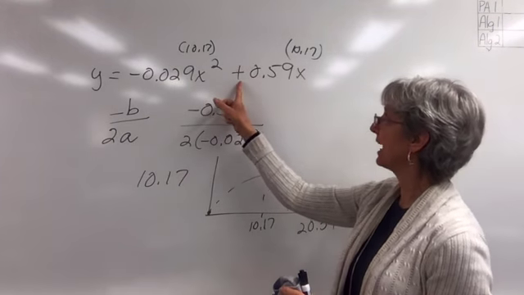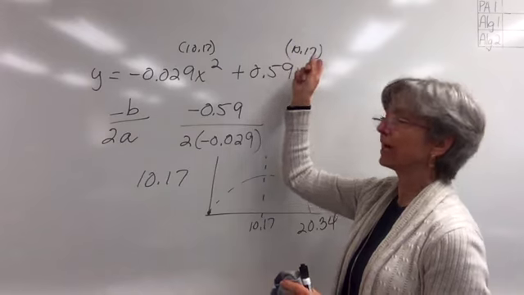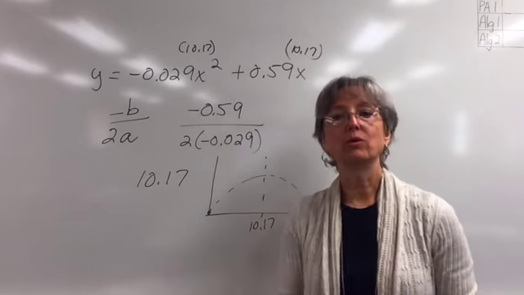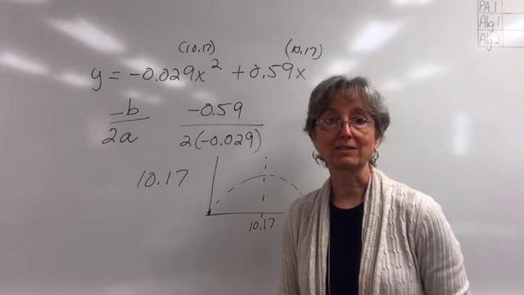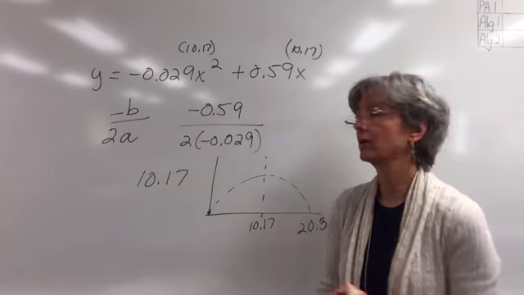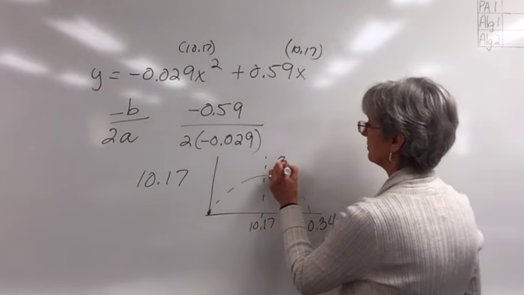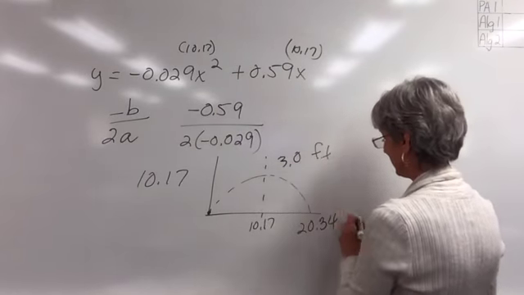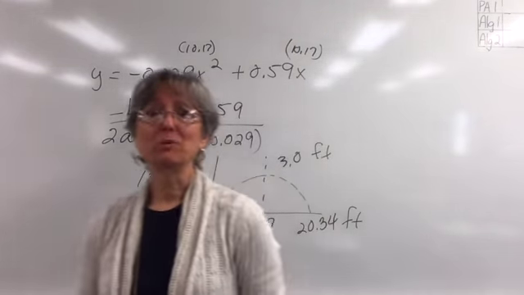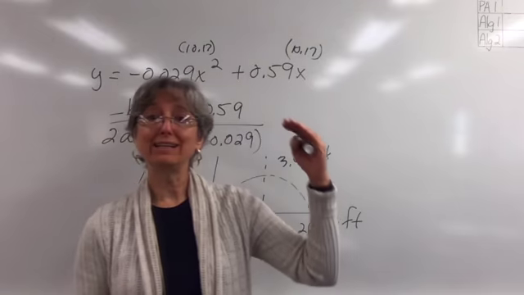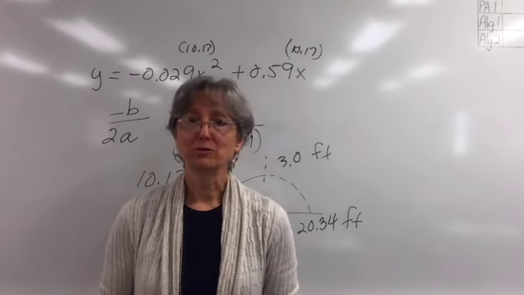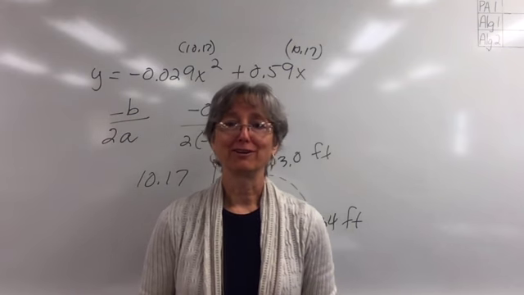And then you can add to that 0.59 times 10.17 to get the height or the y of your vertex. In this case, it's about 3.0, about 3 feet. And yes, this is in feet. So the greatest jump was 3 feet high and over 20 feet. That's hard to imagine, a frog jumping that far.